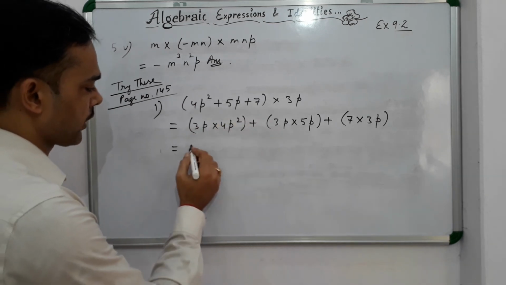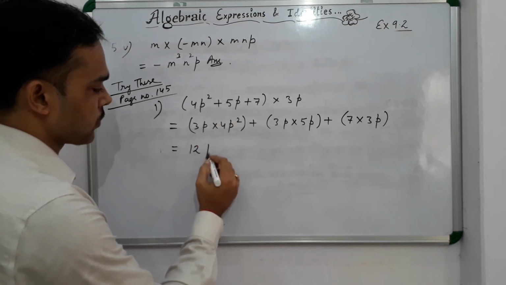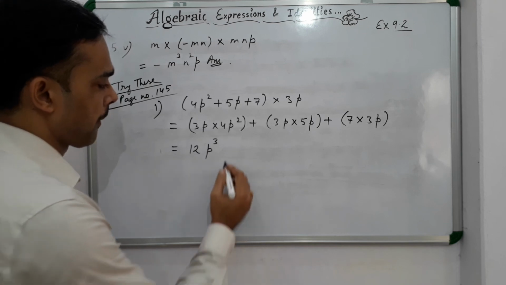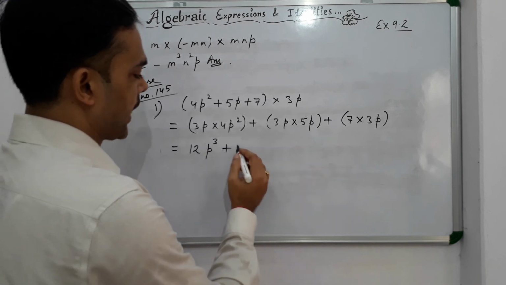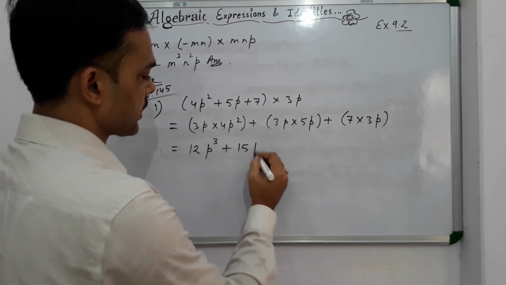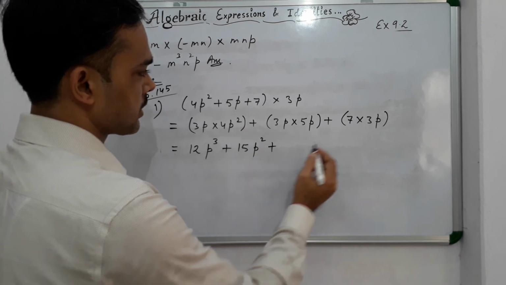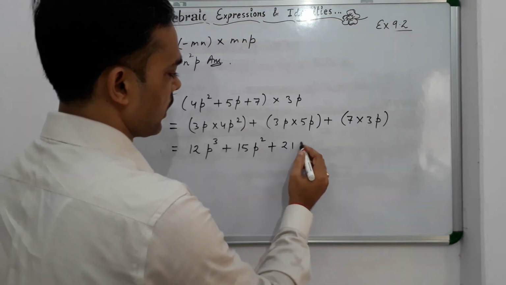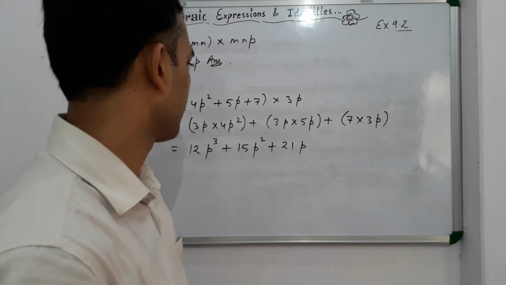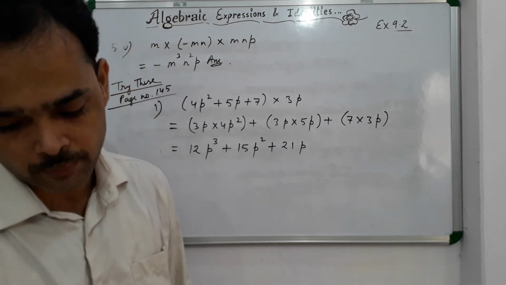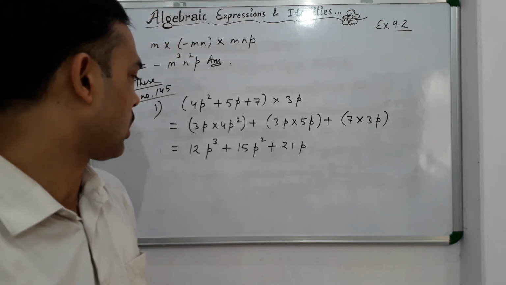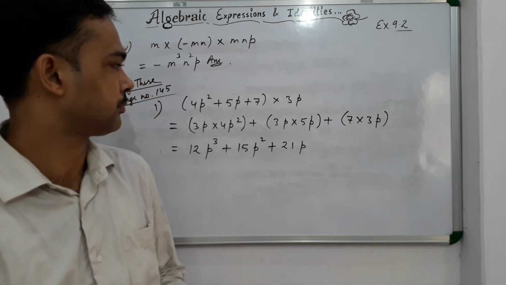So 3 into 4 is 12. P into p square will be p cube, plus 3 into 5 is 15. P into p is p square, plus 7 into 3 is 21. So 21p. In this way we have multiplied, and this is your answer.